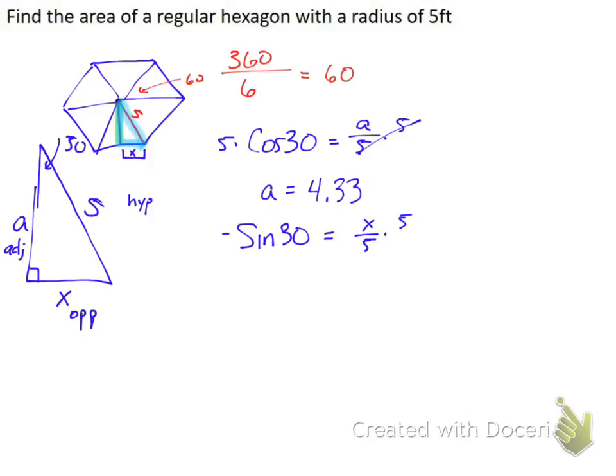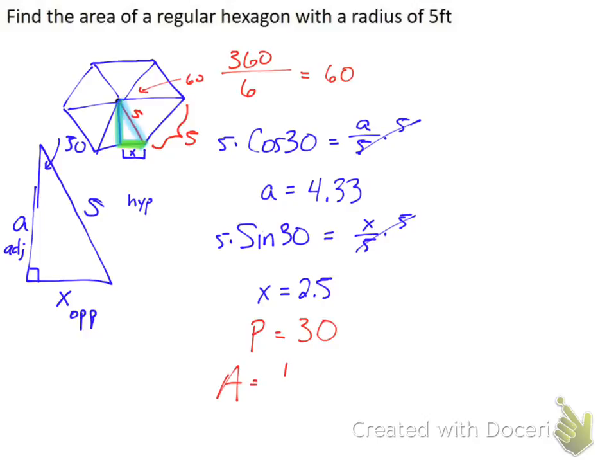So when I multiply both sides by 5, it gives me 2.5. And so if just this piece right here is x, I would know that the entire side length of each of these is going to be 5 because I can double it. And so my perimeter, each side is 5, so my perimeter is going to end up being 30. Because I have 6 sides that are all 5, it gives me 30 for my perimeter.